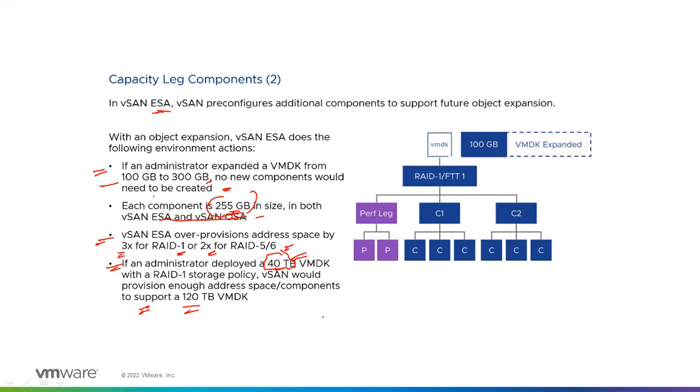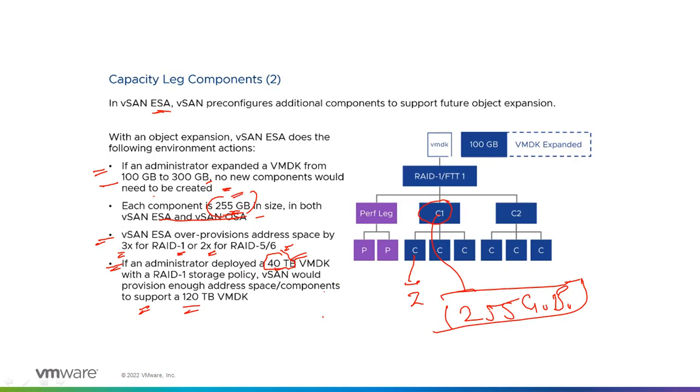So vSAN would provision enough address space for the rest of the components. Whenever I do an expansion, this C1 already has the expansion capacity, because one component size can go up to 255 GB.